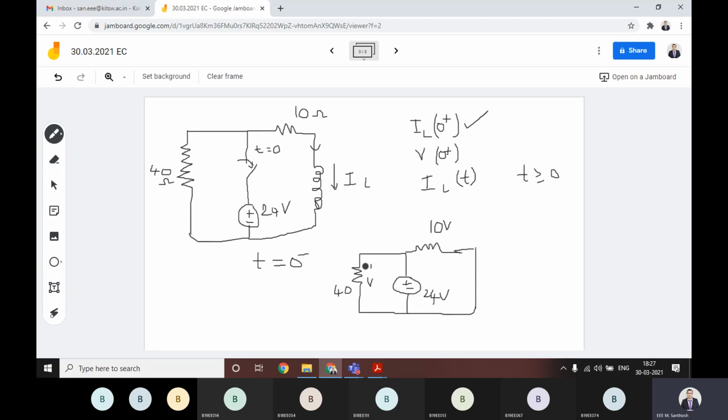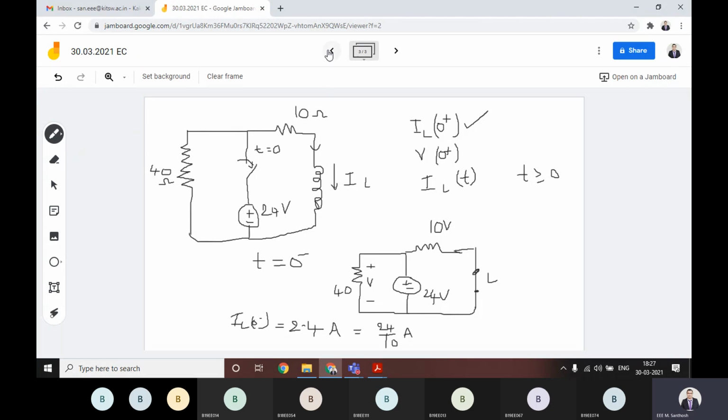If voltage across this one is, let us suppose it is V, okay, then the value you have calculated here, this inductor is short circuited. Simply 24 by 10, the IL 0 minus is equal to 2.4 amperes. How we got this one, 24 by 10 simply.